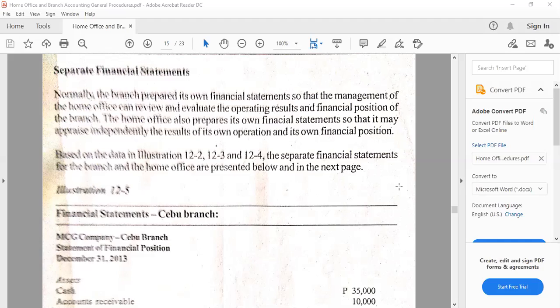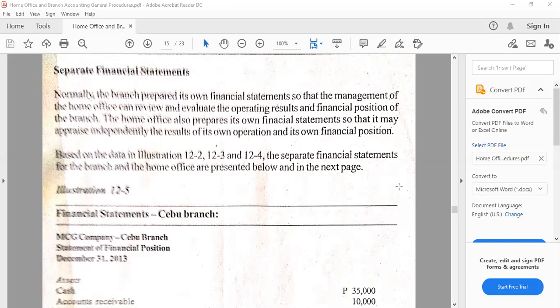Anyway, so same to branch, it has to prepare also the complete set of financial statements. And then this is for us, if we are part of the management of the branch, as well as the home office, more importantly, to evaluate the operations, the performance, the financial position, the cash flows, the equity items, as well as the changes of equity, which is very important, and then also the additional information in the notes to financial statements.